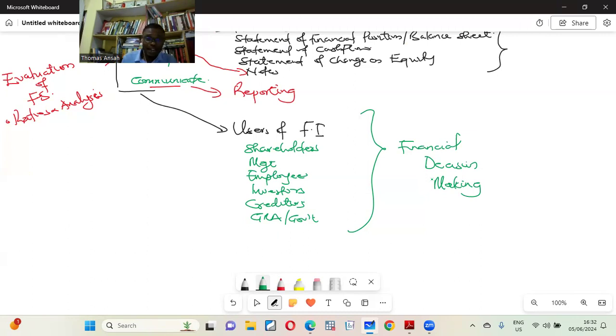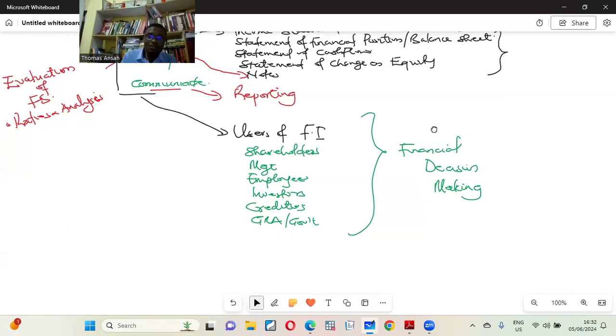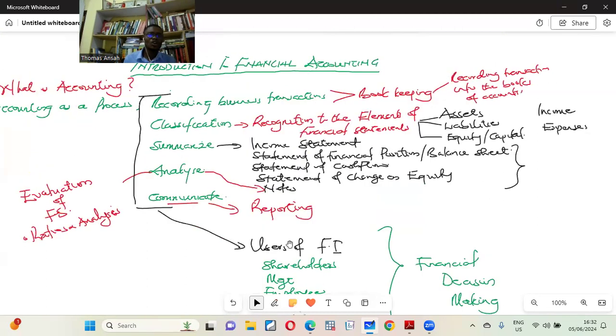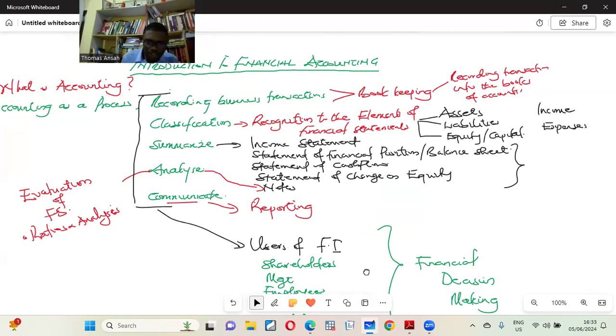For financial accounting, these are the processes that you go through. We will be looking at how to record business transactions, do the books of prime entry, and understand what assets and all these things are.